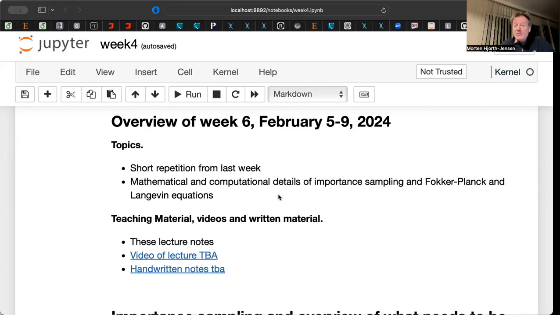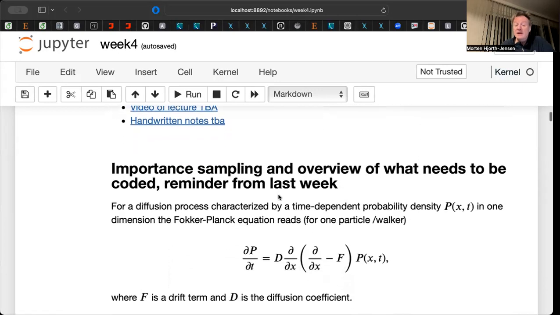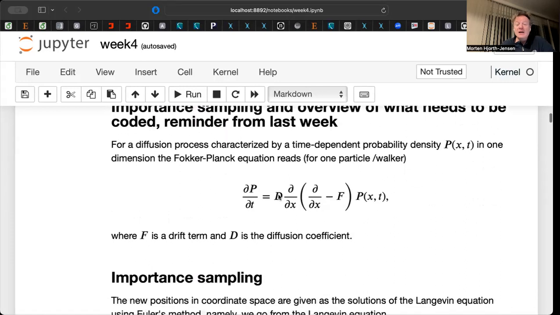Now, to quickly remind you of what we did last week. Last week, we threw at you this equation, which is called the Fokker-Planck equation. The first term is the standard kinetic energy, which leads to the standard diffusion equation, whereas the second term, which you see here, is now meant to mimic the way a particle moves under the influence of an external force.